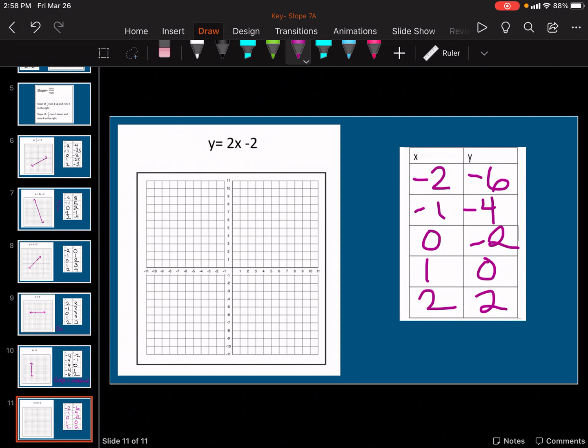So -2, -6. We could do our rise over run, which is our slope of 2 over 1. So up 2 over 1. Let's check that: -1, -4.